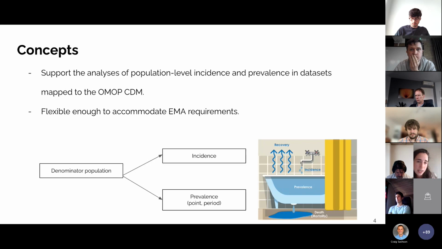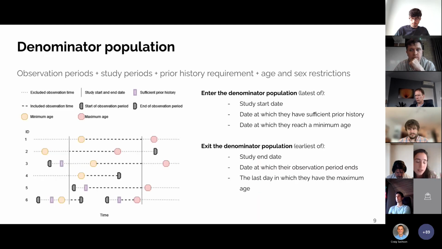So in order to identify this denominator population, the user can specify the study period in which they are interested, but also the prior history requirements and the age and sex restrictions that they want to add. Individuals are going to be able to enter this denominator population once they fulfill all the specified criteria, and they are going to exit the denominator population once any of these criteria is no longer fulfilled.